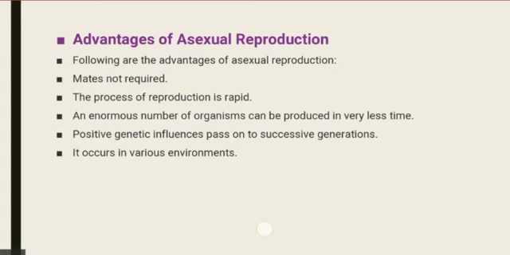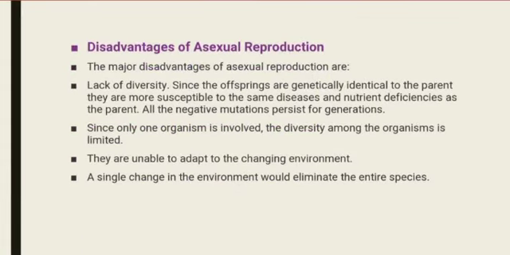Now we will be discussing what are the disadvantages of asexual reproduction. Lack of diversity. Since the offsprings are genetically identical to their parent, they are more susceptible to the same diseases and nutrient deficiencies as the parent. All the negative mutations persist for generations.